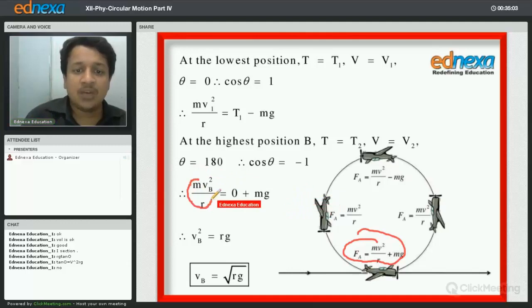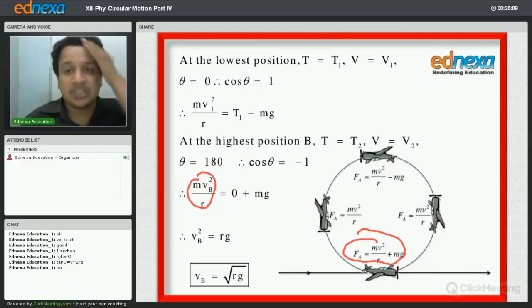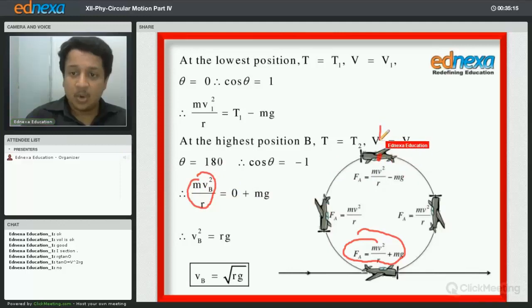So mv square upon r. And as we discussed, tension at the topmost point is 0. Now you may ask me, sir, why is tension 0 over here? See, over here weight will act in the downward direction and tension will also act in the same direction. Is it right?